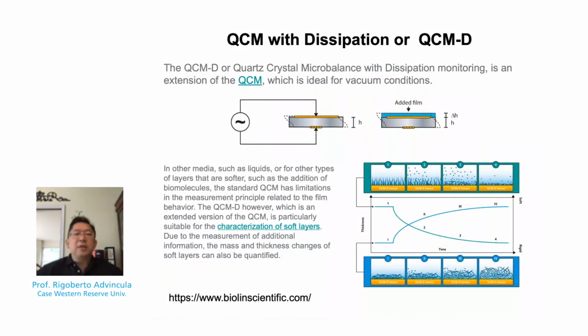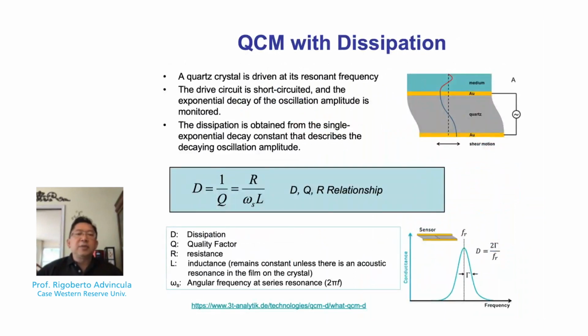So in QCMD, as you can see here, a quartz crystal is driven at its resonance frequency. The drive circuit is short-circuited, and then the exponential decay of the oscillation amplitude is monitored. Thus, the dissipation is obtained from the single exponential decay constant, which describes the decaying nature of the oscillating amplitude.